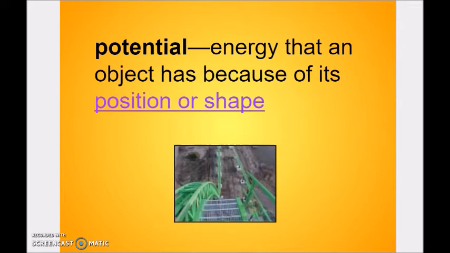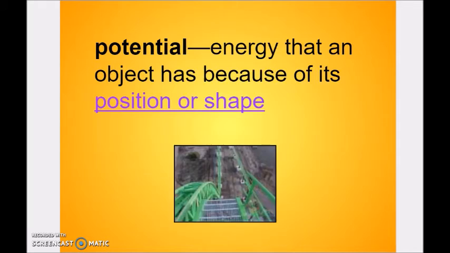Potential energy has the ability to do something. Potential means possible. And remember that energy makes matter move or change. So potential energy means it has the possibility of moving or changing something because of its position, meaning where it is, or its shape. We're going to see some examples of that in just a little bit. So that's potential energy.